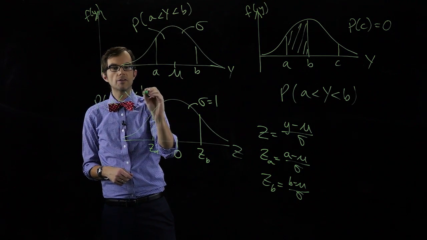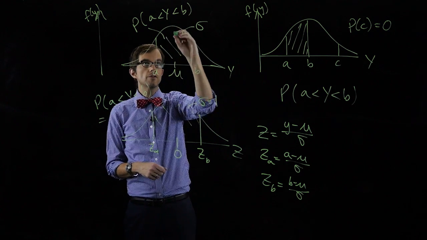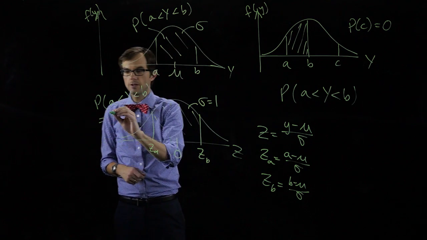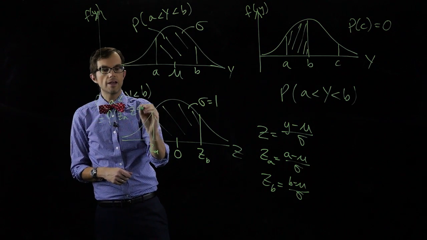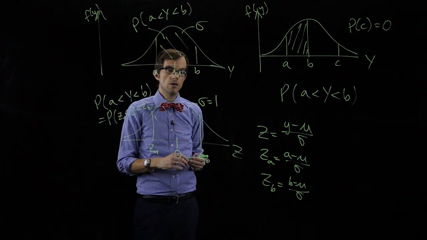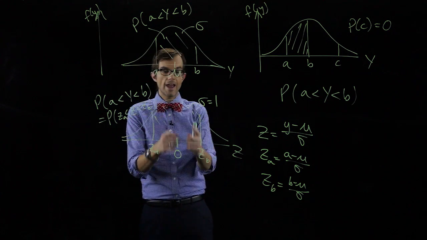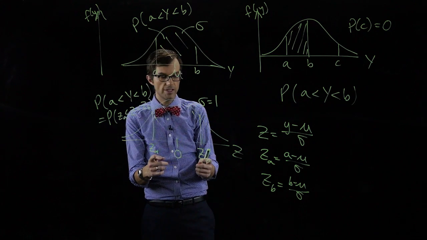The probability that y is between a and b is equivalent to this area right here. This area and this area are equivalent. That's equal to the probability that z is between z sub a and z sub b.